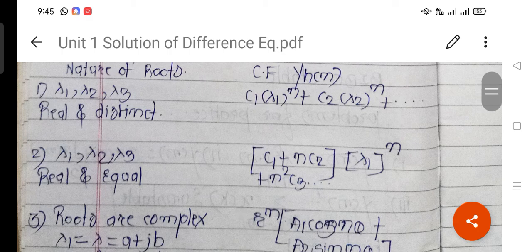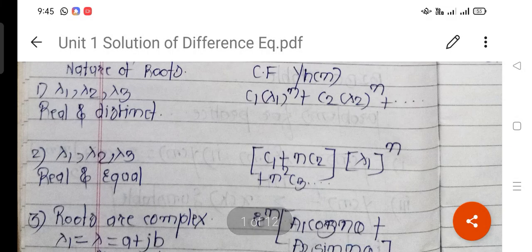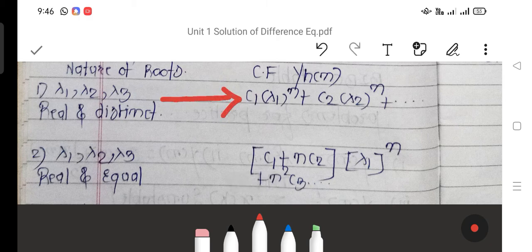we have to use this table. If real and distinct, CF will be this one. If real and equal, CF will be like this.